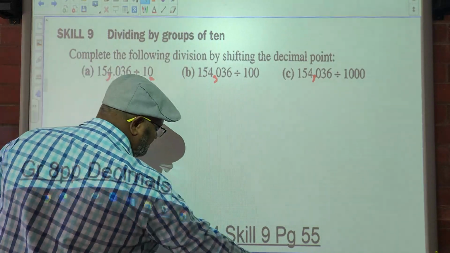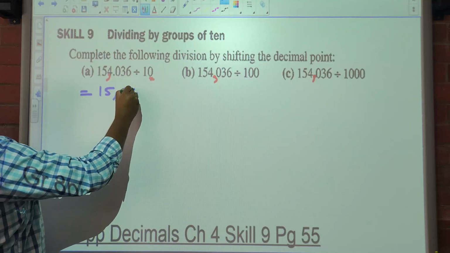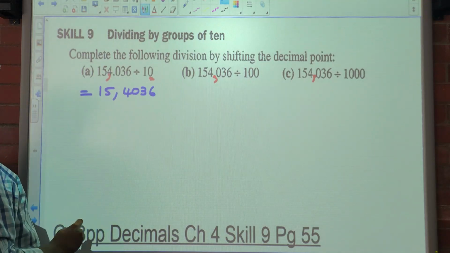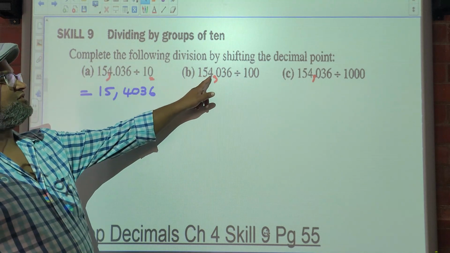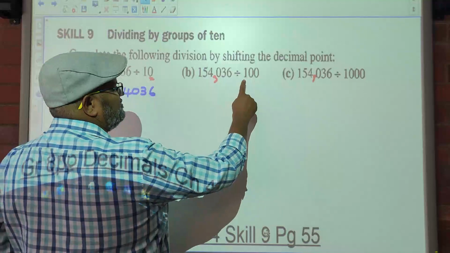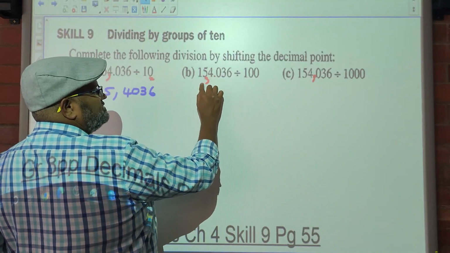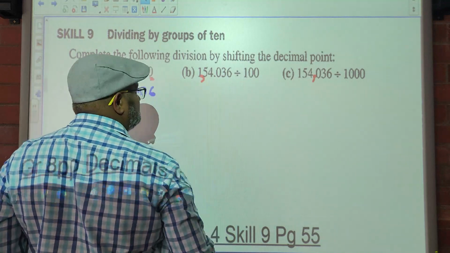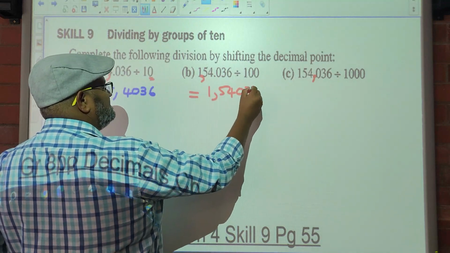The answer would simply be 15,403. Next sum, you got 154,036 divided by 100. So you must move how many units to the left? 2. So it's 1, 2. So that would be 1,54036.